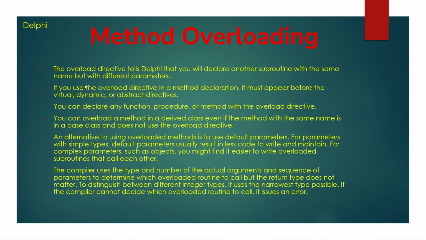So how can two methods have the same name but different signatures? Signature is different means the number of parameters is different, or if the parameters are the same, then the sequence should be different, or the data type should be different for the parameter.